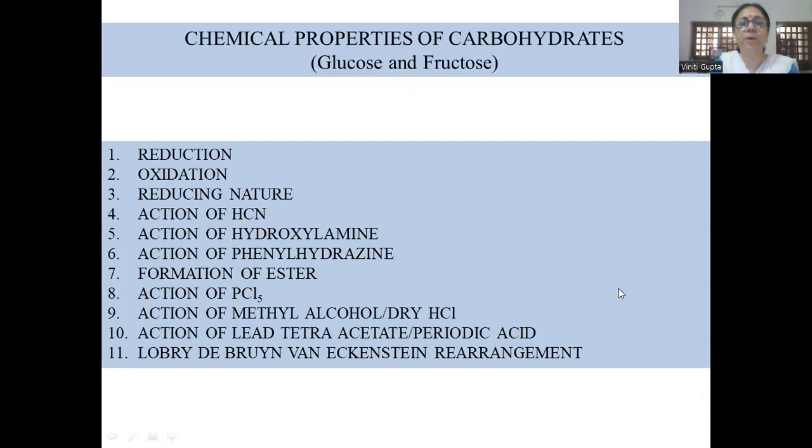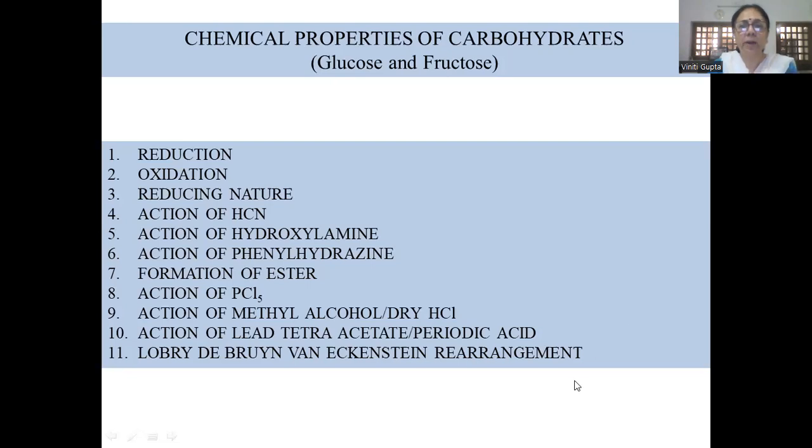will be very important for us to always remember what are the tests which an aldehyde molecule undergoes. So there are certain tests which an aldehyde molecule undergoes. There are certain tests which a ketone undergoes.